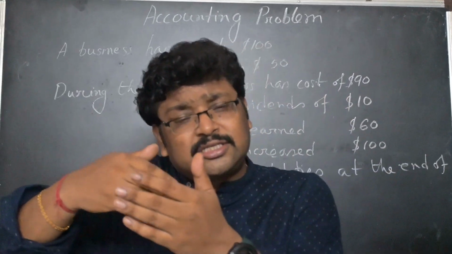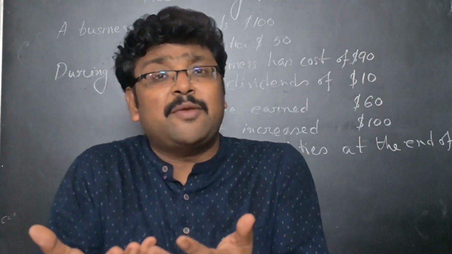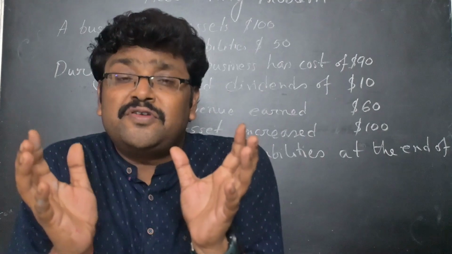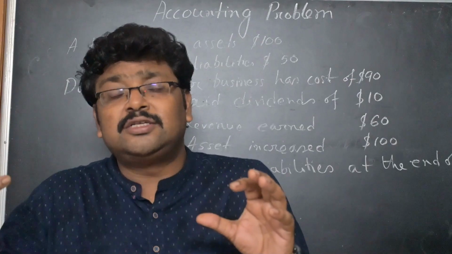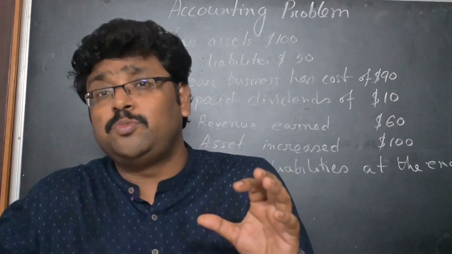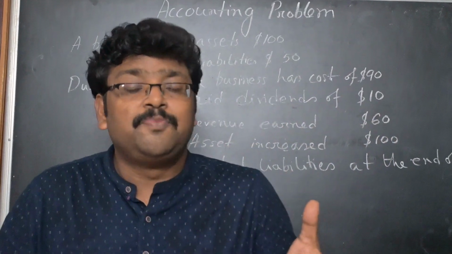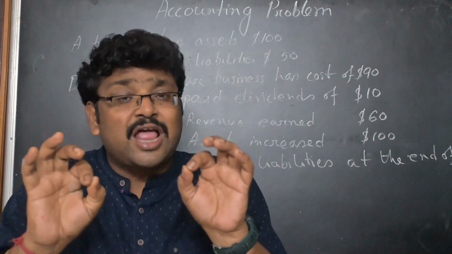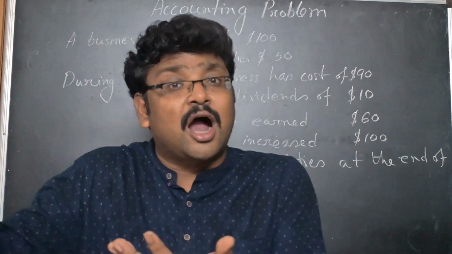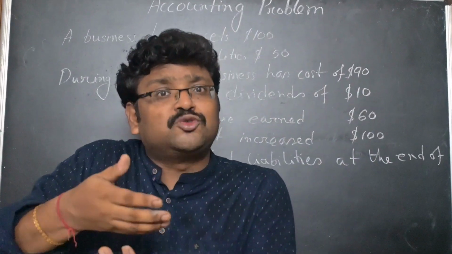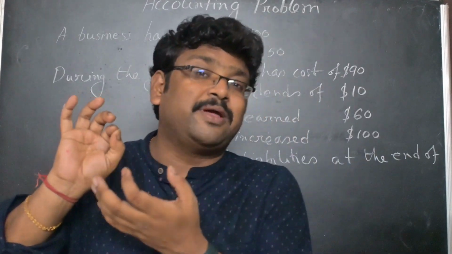During the period, retained earnings are formed by the difference between the profit and the dividends. Profit comes from the difference between revenue and expenses.